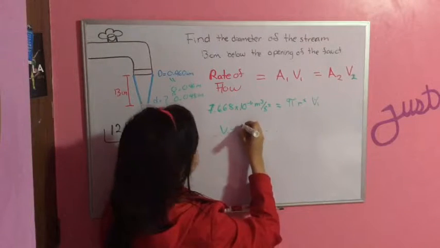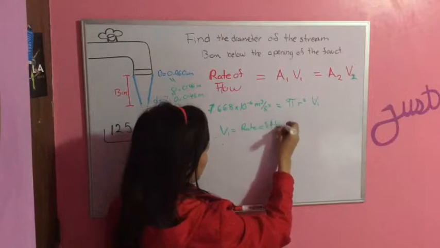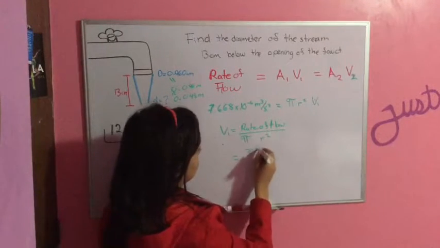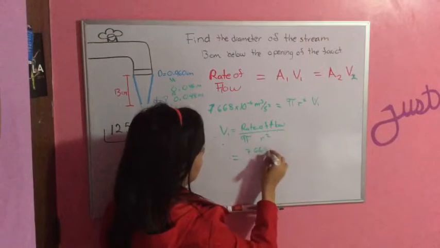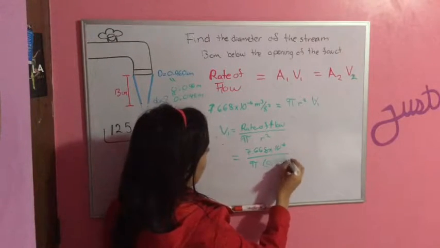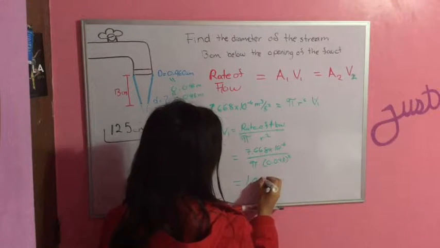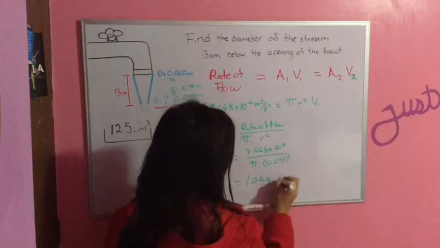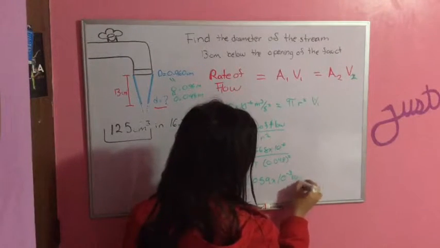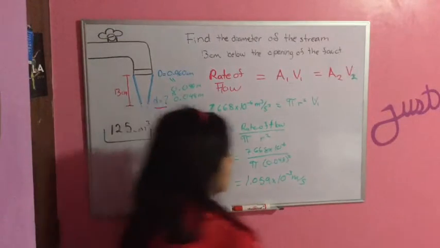Then B is the rate of flow over time. I only have to substitute the values. We get .059 times 10 to the minus 3 meters per second. Now we have the first velocity.